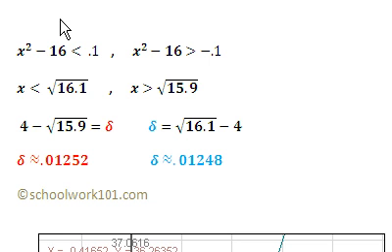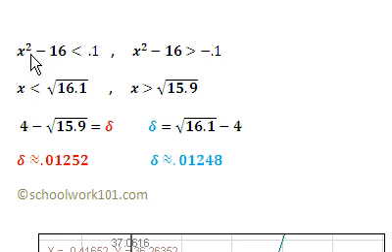Dropping the absolute value bars, we end up with x squared minus 16. We're trying to find the solution set for x here. x squared minus 16 has to be less than 0.1, which is our epsilon. And then we flip the sign and make this a negative 0.1.